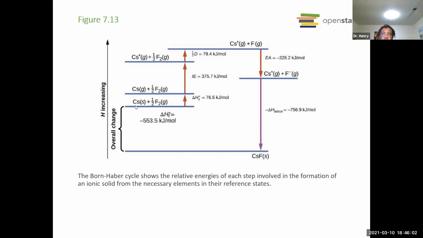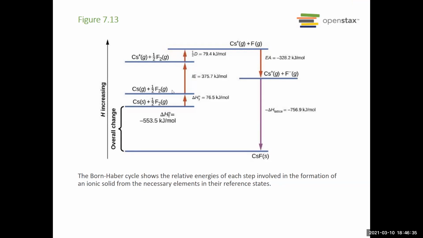This one is the enthalpy of going from a solid to a gas. This is cesium that is going to be reacting with fluorine gas. So the first step is going from a solid to a gas, and this is the delta H for that state change. It takes 76.5 kilojoules per mole to change cesium into gaseous cesium.